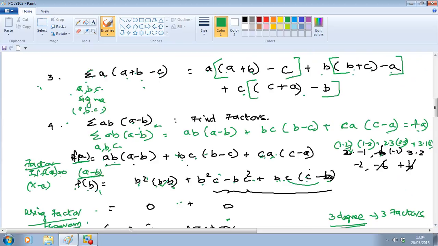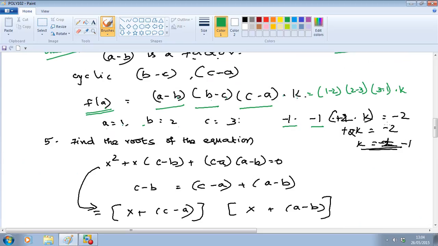So if we add these factors, 2 into 1 into 2 is 2, 2 into minus 1 is minus 2, plus 6 into minus 1 is minus 6, last factor is 3 multiplied by 2.